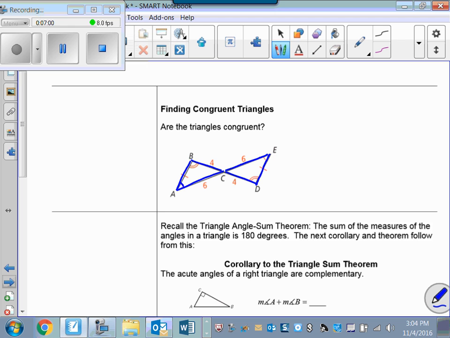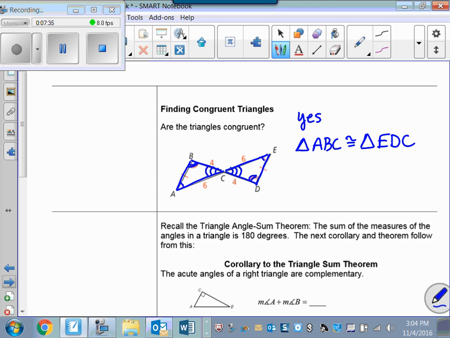Then we've got the angles, A and E. We've got B and D. And what we don't have is our third set of angles, but hey, what do we know about these? We know they're congruent because of the vertical angles theorem. So yes, indeed, these triangles are congruent, and let's write a congruent statement for the practice. Let's say that triangle ABC is congruent to triangle EDC, right?